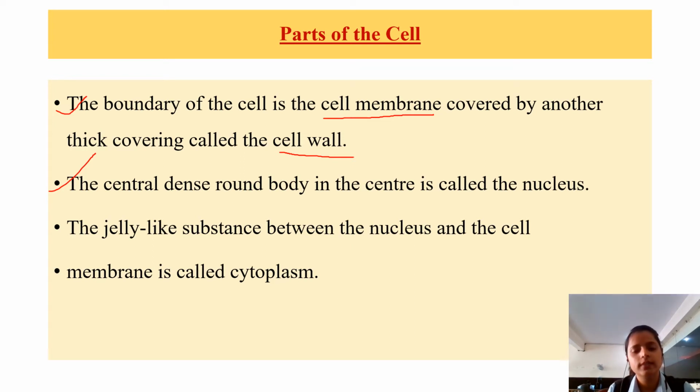Inside the cell there is cytoplasm, and inside the cytoplasm lies a central dense round body, called the nucleus. The third point: the jelly-like substance between the nucleus and the cell membrane is called cytoplasm, as I have shown in this picture, the major portion of the cell is covered by the cytoplasm, and inside the cytoplasm lies the nucleus. So I hope it's clear up till here. Now let's move further.